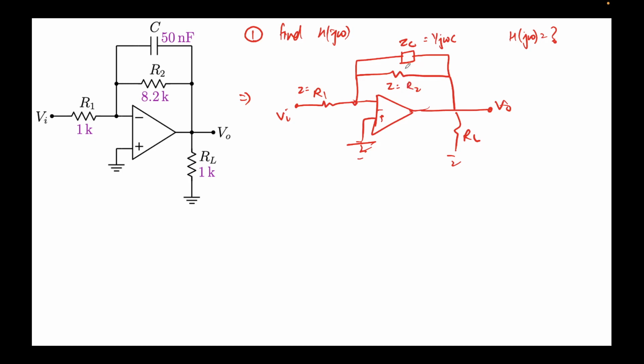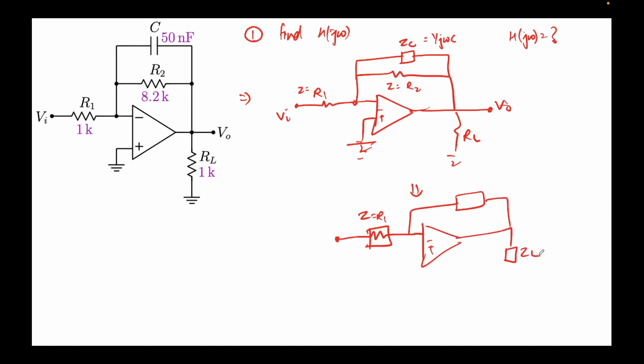Okay, so now what we can see is that these two are in parallel, right? So now I can redraw this circuit as something like this, which will be a very familiar circuit now. So let's draw this as Z equal to R1, and there is an impedance here also, and let's call this ZL. This is V0, this is grounded.